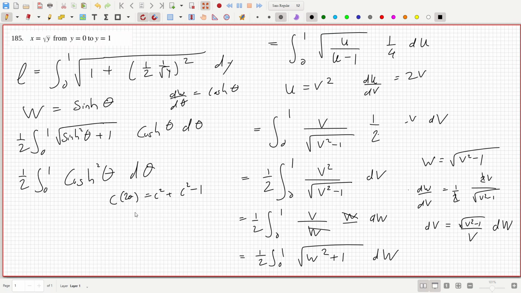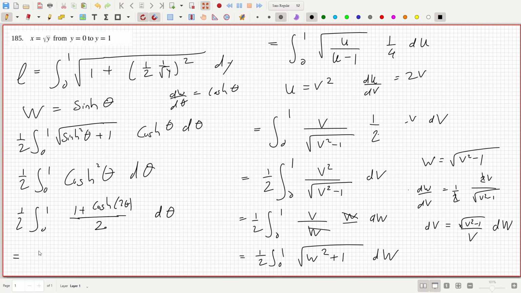So cos 2 theta plus 1, that's 2 of them. Divide by 2. So 1 plus cos 2 theta over 2 d theta.